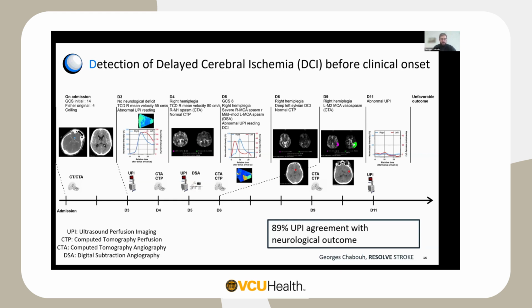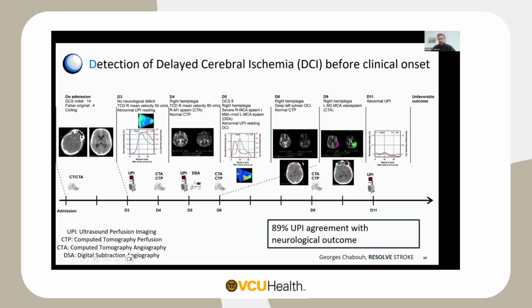So abnormal perfusion, and at the same time, at day 4, this patient is having a spasm on the right side. So there is a spasm on the right side, and we're seeing abnormal perfusion on the left side. And then at day 5, this patient got a delayed cerebral ischemia because he had a right hemiplegia, which actually confirms that the problem was happening on the left side.